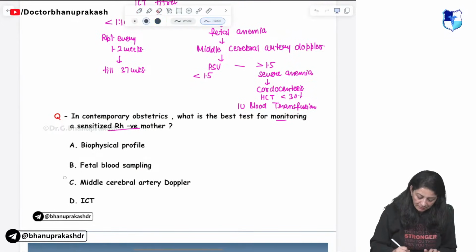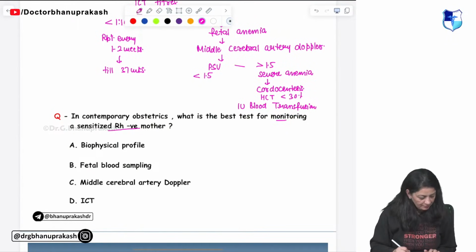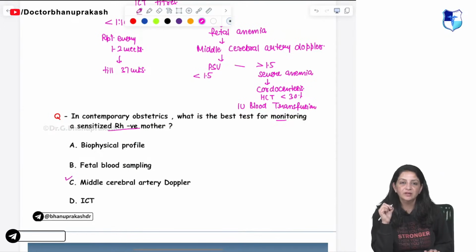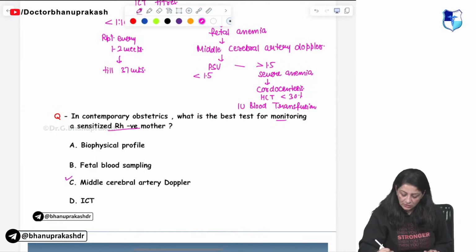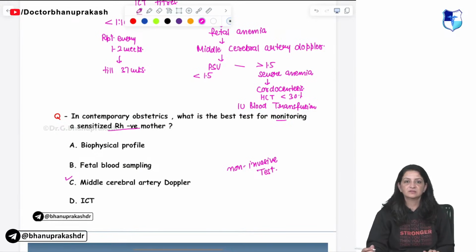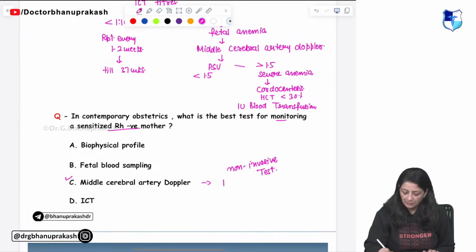Meaning ICT is positive, Rh negative mother. The answer is middle cerebral artery Doppler. This is the best non-invasive test. We have to check the peak systolic velocity.